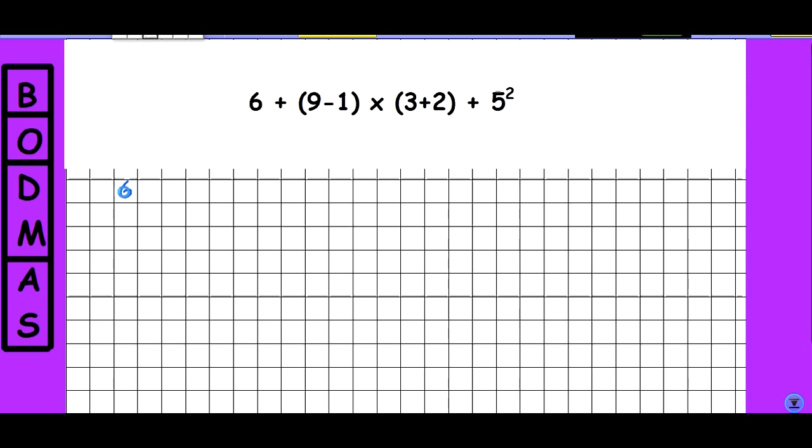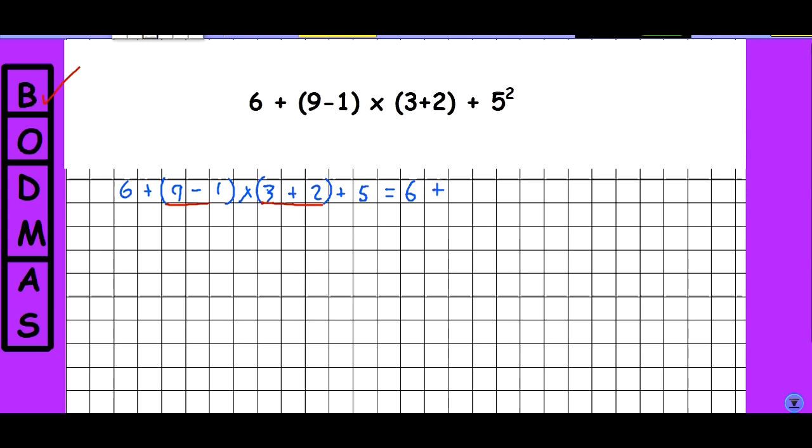As before, to start off with, we're just going to write out the entirety of the equation. Now then, we have the equation written out. Now then, what we want to do first of all is solve these brackets. So we're going to write everything out again, as before, but with the brackets solved.